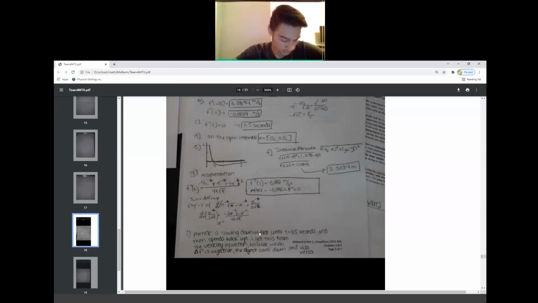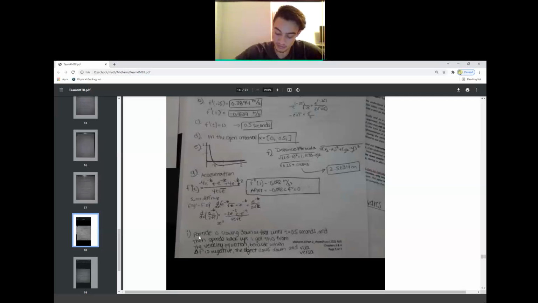And then for part I, when is the particle speeding up? When is it slowing down? How do you know? I used the velocity function to determine this one. It is slowing down first until t equals 0.5 seconds, or half a second, because it's going from a positive velocity to a full stop and then moving on into a negative velocity.